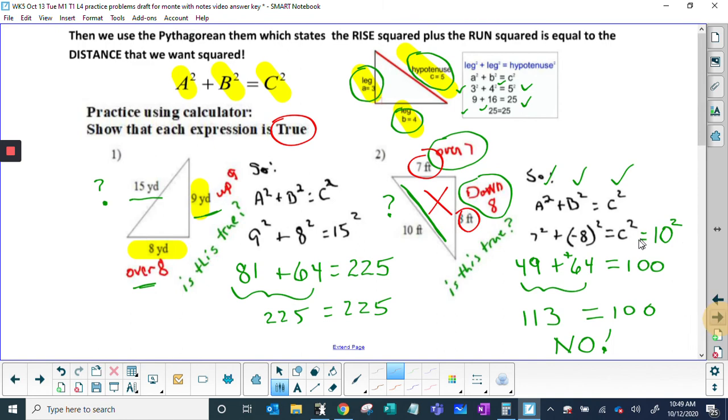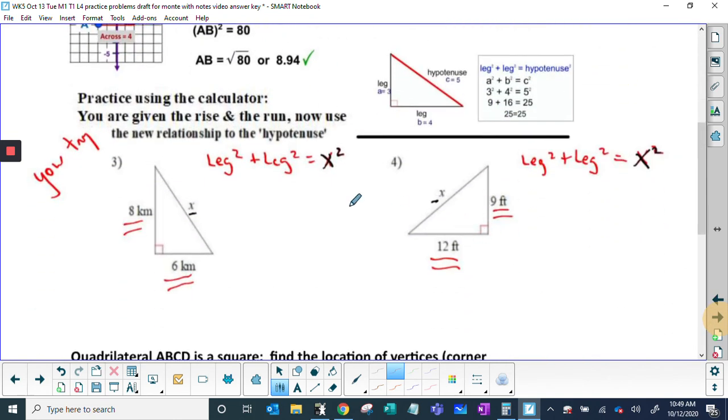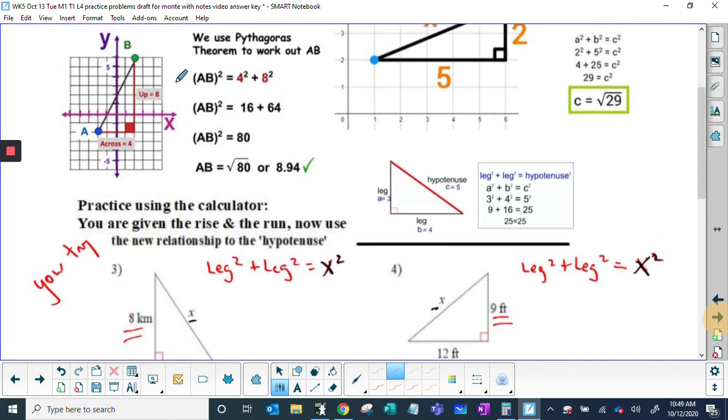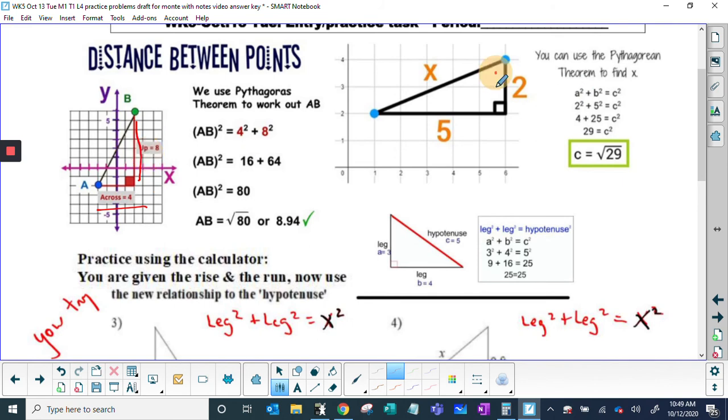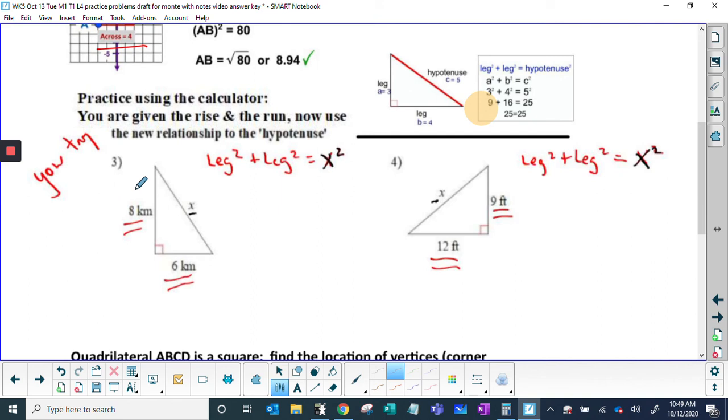Okay, so let's step it up. It's all about the rise and the run. Okay, I want you to practice. 8 squared plus 6 squared equals the leg squared.